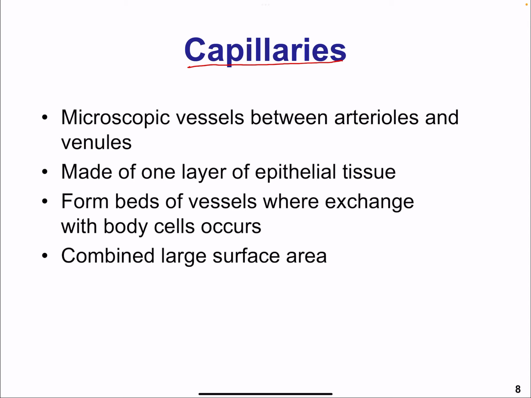I expect you to know that. 1 single layer of tissue, it's the epithelium. And that epithelium is a simple squamous epithelium. So you have the epithelium or endothelium, then you have a basement membrane. And after that, you have the tissues, right? So the tissues for exchange of material.